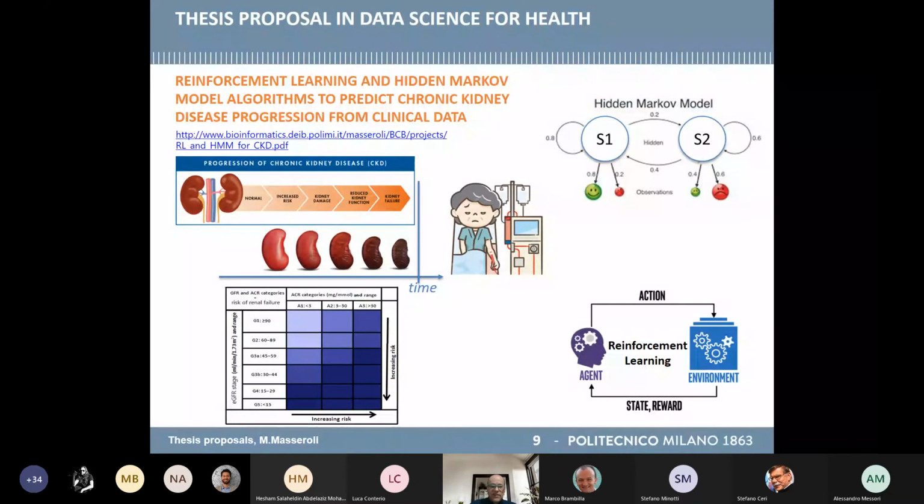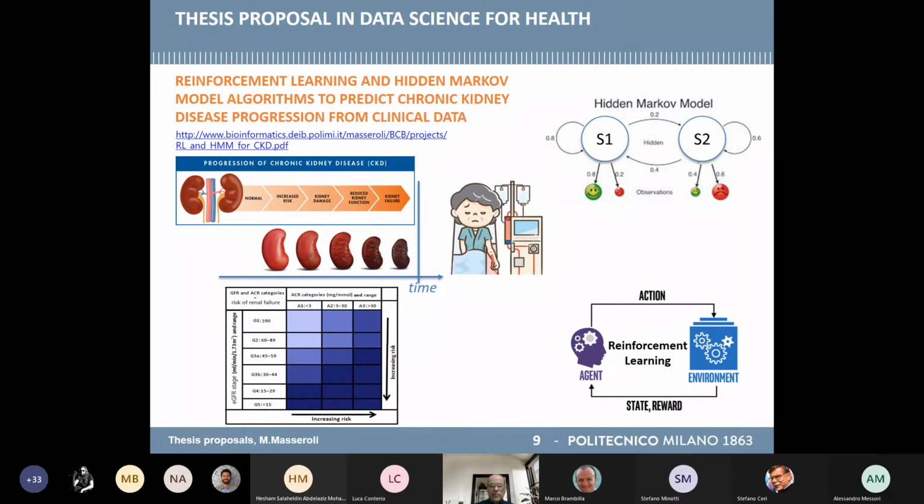So the focus is on chronic kidney disease, which is unfortunately very present within our populations, and is a disease for which there is no effective treatment that enables patients to recover from it, but it is only possible to slow the progression of the disease.